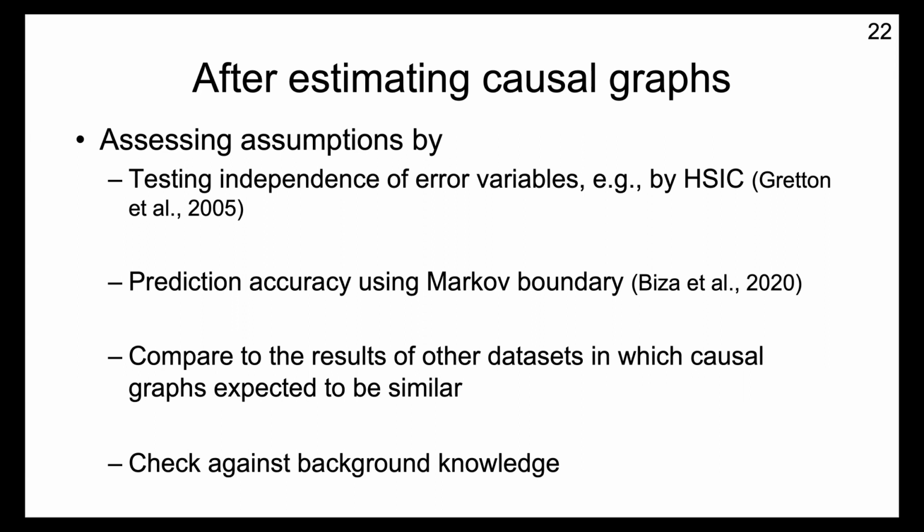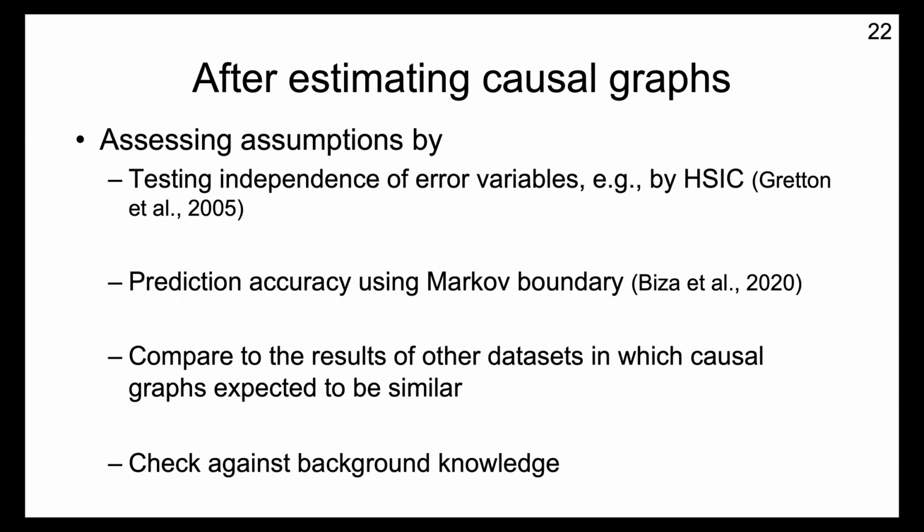Another idea would be to compare the estimation result with those of other datasets where the causal graphs are expected to be similar based on background knowledge. If the results are completely different, we might say that our assumptions were not very reasonable.